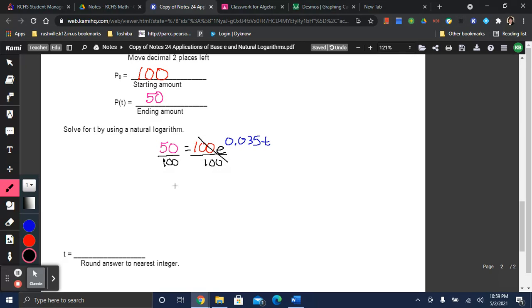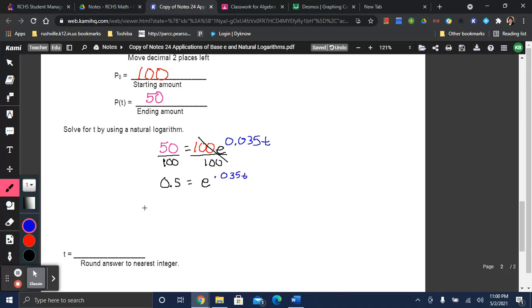So those are going to cancel. 50 divided by 100, that's a half, or 0.5. So 0.5 equals e with your exponent, 0.035t.